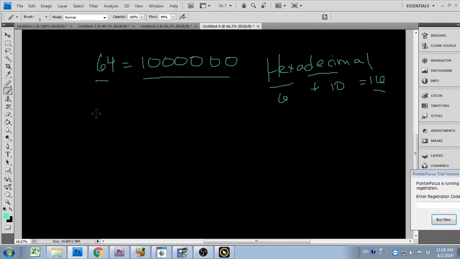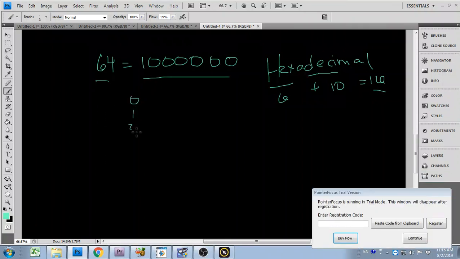So here's how hexadecimal works. For the first 10, it's the same ones, dot, dot, dot, 8, 9. Okay, so this represents our same 10, but we need 16.